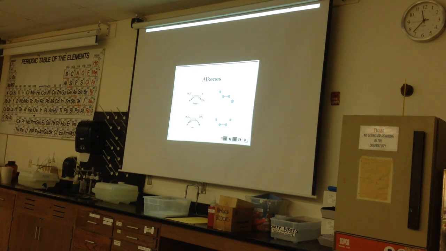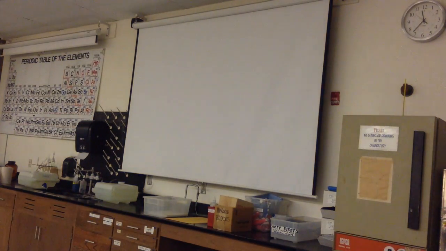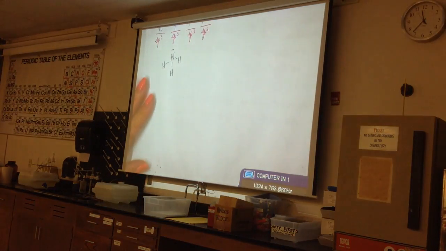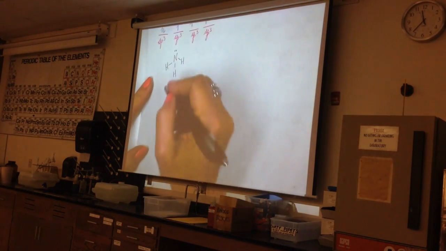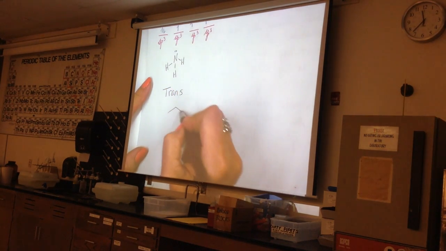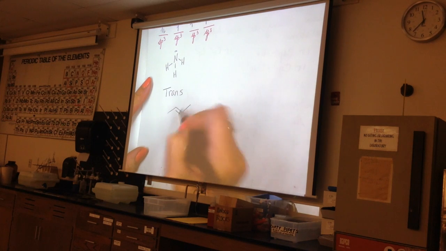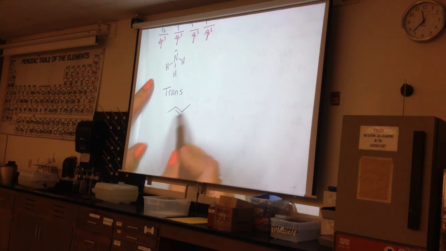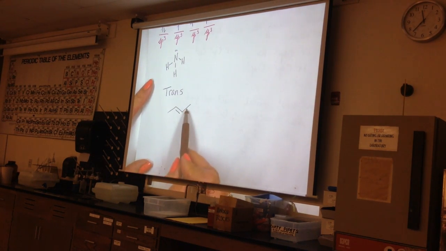Trans, across. The term is across. In a line angle drawing, these guys look amazing. Take a look at how they look in a line angle drawing. Your trans looks like this. You'll see me drawing crazy things like so. That's trans. Across. Groups are opposite.